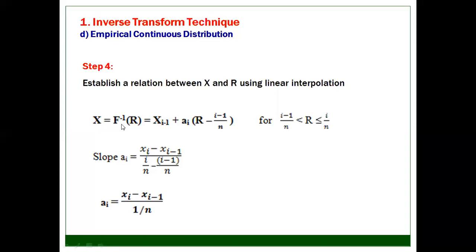So x is the inverse of r, which is x_(i-1) plus a_i times (r minus (i-1)/n), for r between (i-1)/n and i/n. Similarly, the slope a_i can be calculated as (x_i minus x_(i-1)) divided by (1/n).